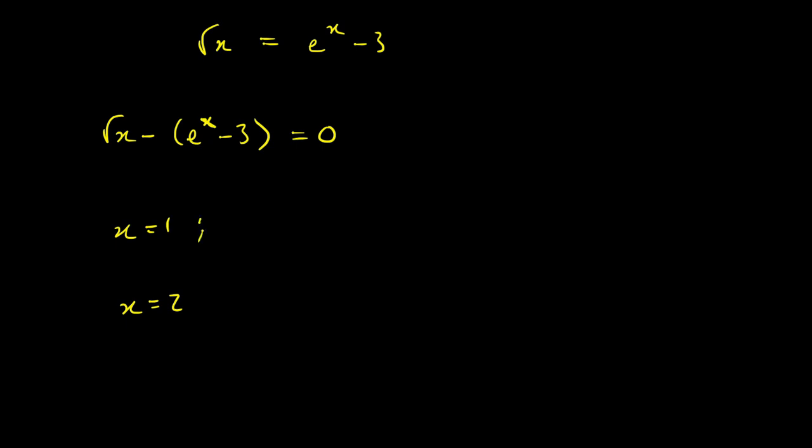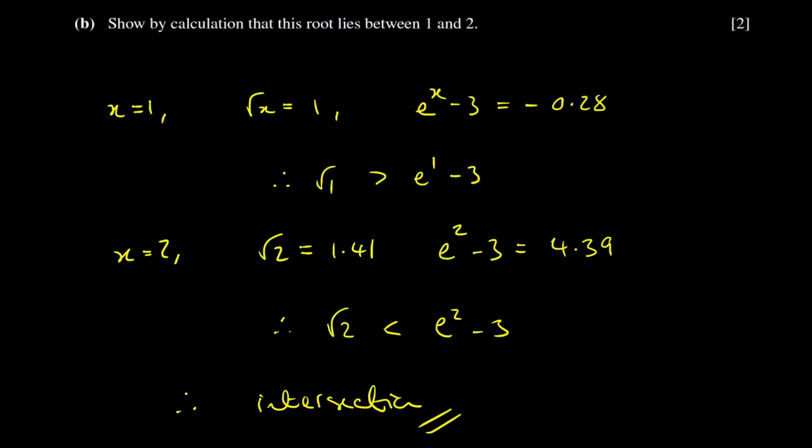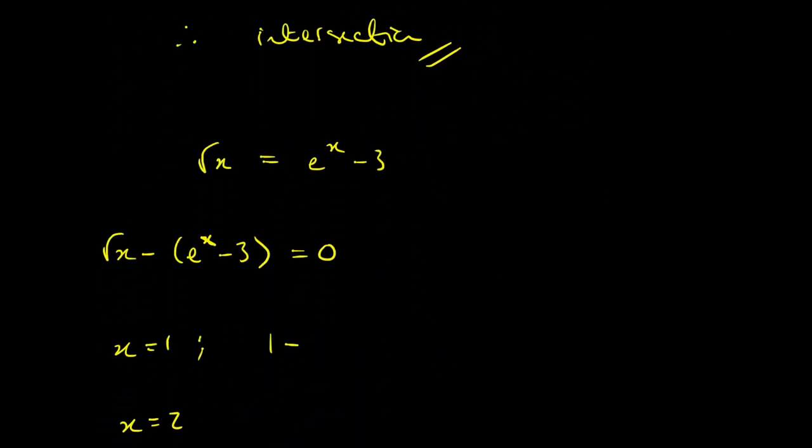Okay, so if I substitute in x is equal to 1, I'm going to get 1 minus the thing that I had before, which was negative 0.28. 1 minus negative 0.28 is equal to 1.28. And the key thing about that is it is positive.